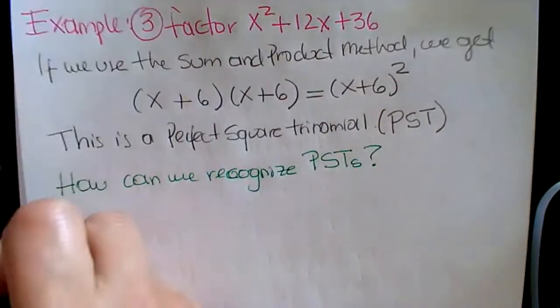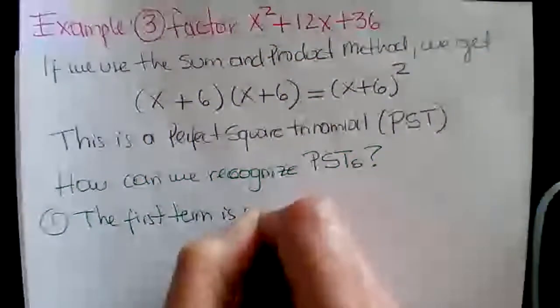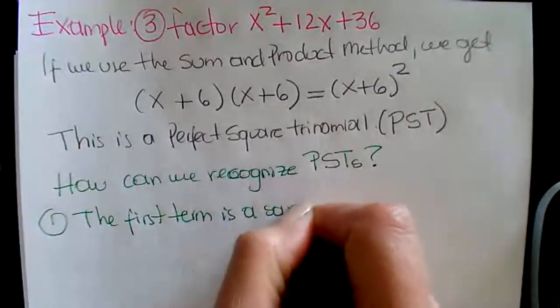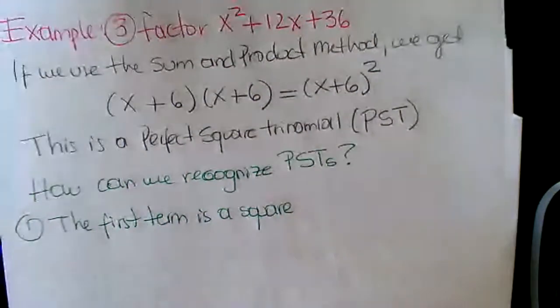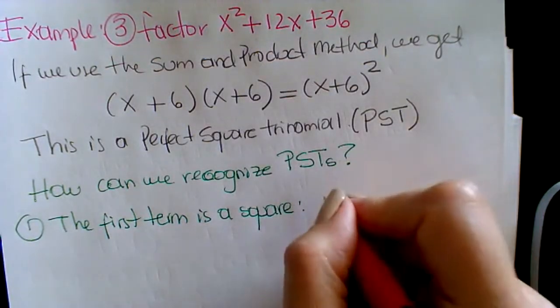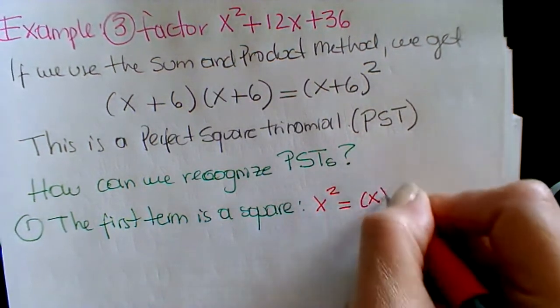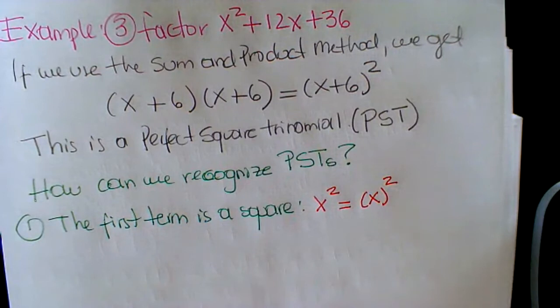So first, this is what we could do first. The first term is a square. So x squared is a square.